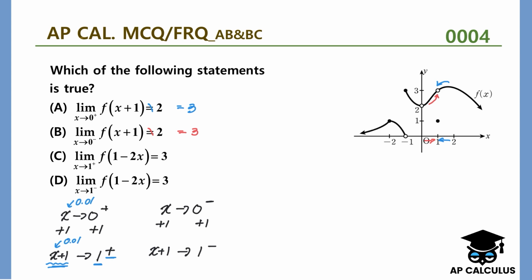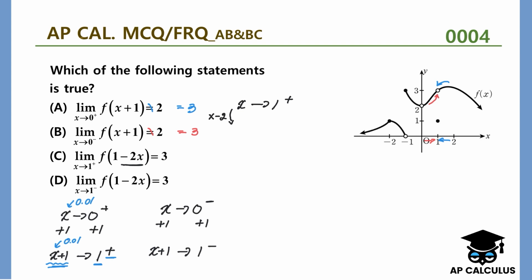Answer choice C. This time we have limit as x approaches 1 from right hand side. What does f of 1 minus 2x approach? Okay, so x approaches 1 from right hand side. Here we have minus 2x, right? So what I'm going to do is multiply each side by -2.